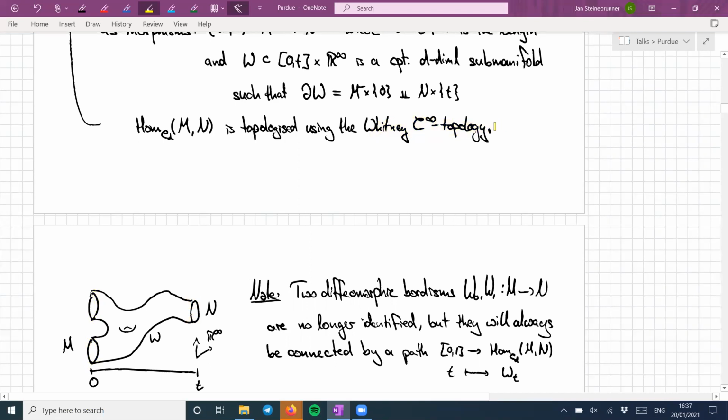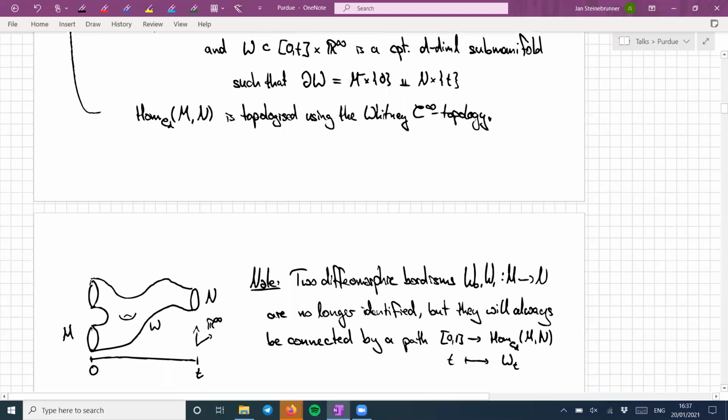So the idea there is that in the space of bordisms, I want to be able to do smooth deformations. And so in particular, if you give me any two diffeomorphic bordisms, W0, W1, between the same manifolds, then, well, previously I just identified them on the nose, but now, because R infinity is sufficiently big, I can always find an isotopy between these two embeddings of essentially the same manifold.